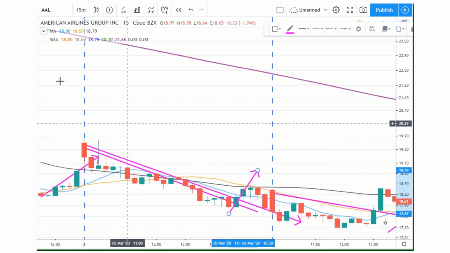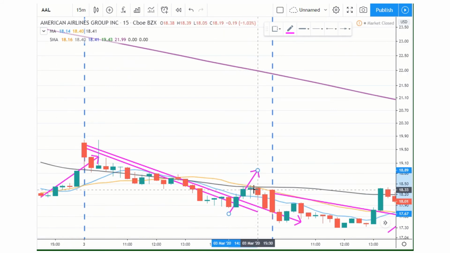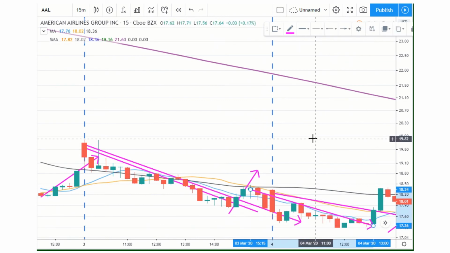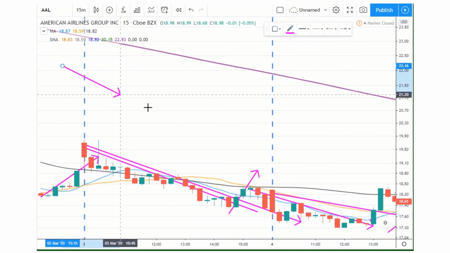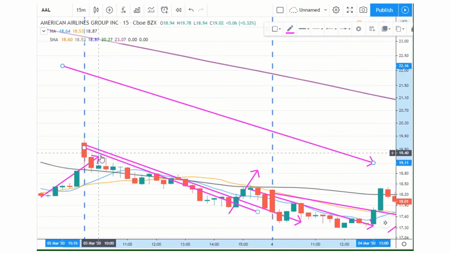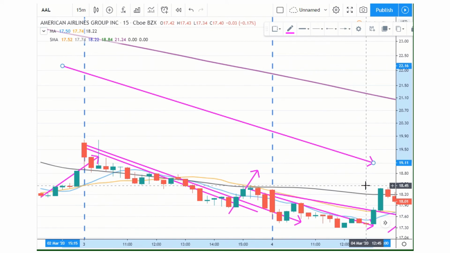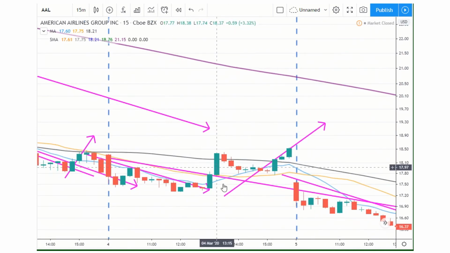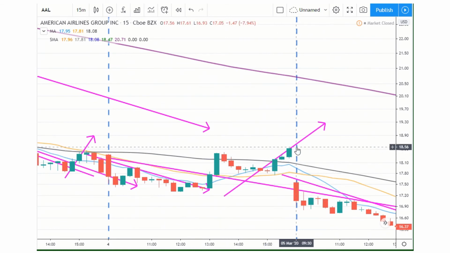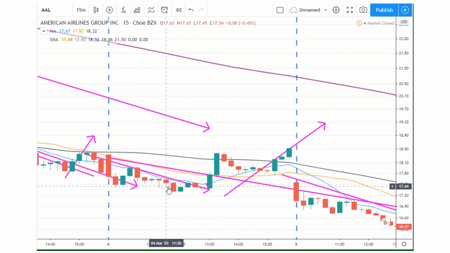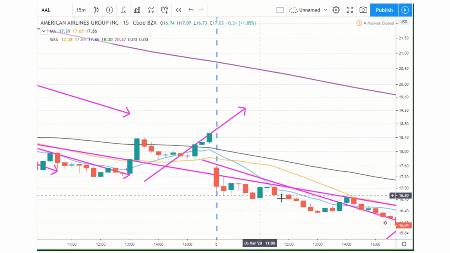And then again, the stock will start to move down. So you've got the indicators going that way, and the stock usually goes the same way. Okay, here we see large green bars going up. Well, large relative to the red bars, and then a continuation of the stock going down.